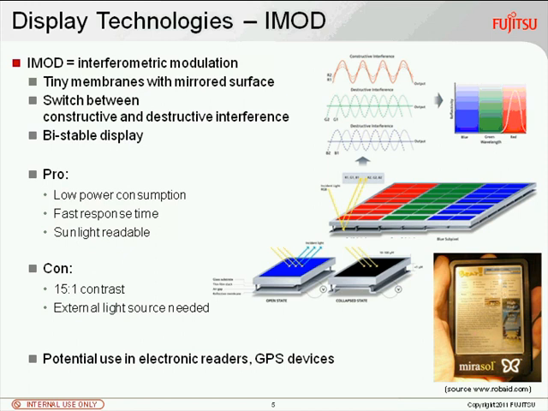What does this affect? It switches from a constructive interference, meaning the reflected light of the membrane is exactly in phase with the reflected light of the surface of the panel. And if it's switched to the other distance, it's a destructive interference.